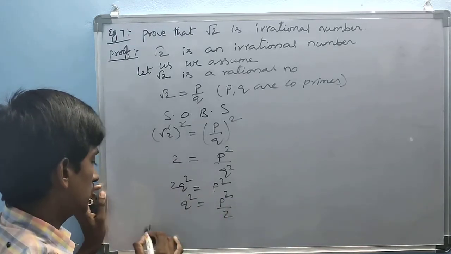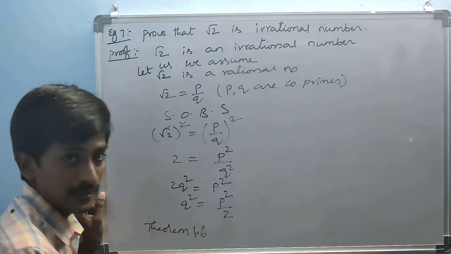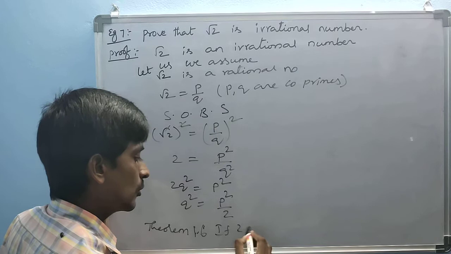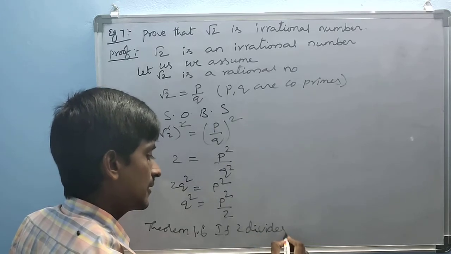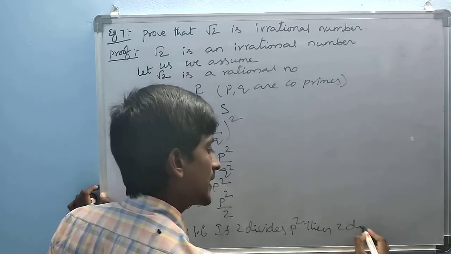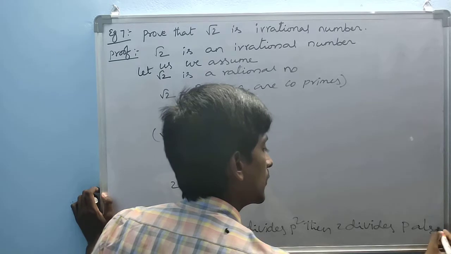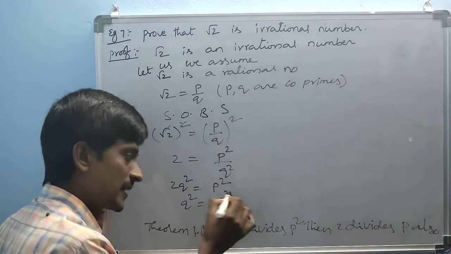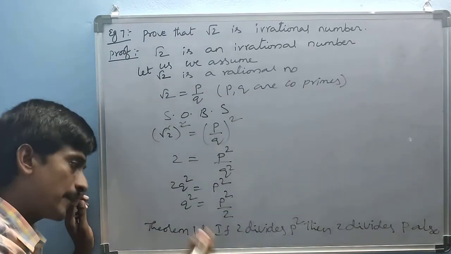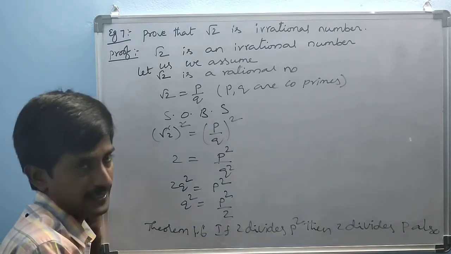According to theorem 1.6, what does 1.6 mean? If 2 divides p square, then 2 divides p also. So if p square is divisible by 2, then p is also divisible by 2. That is theorem 1.6.